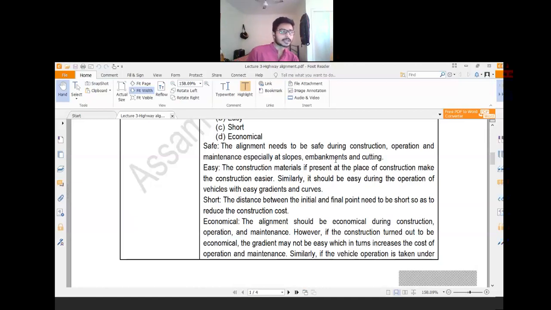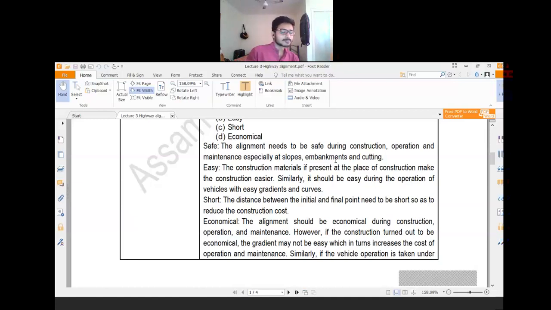Again, if the soil conditions of the area through which your alignment passes are good, all the slopes are stable, and there are no cross drainage structures, then the construction cost as well as maintenance cost will be reduced. However, if the construction turns out to be economical, the gradient may not be easy, which in turn increases the cost of operation and maintenance.